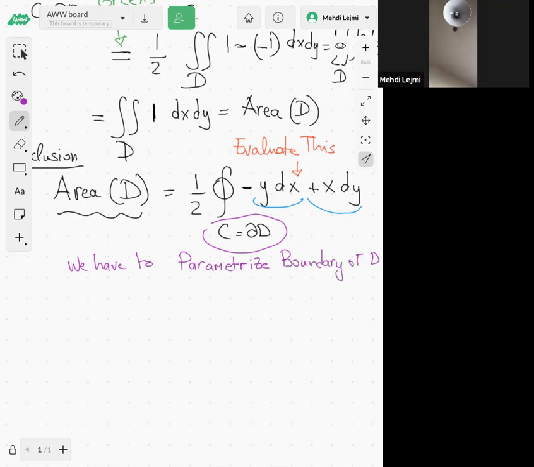Now, what's this boundary of D? Well, if you sketch D, what's D? D is, we said, the region between the ellipse and the circle.